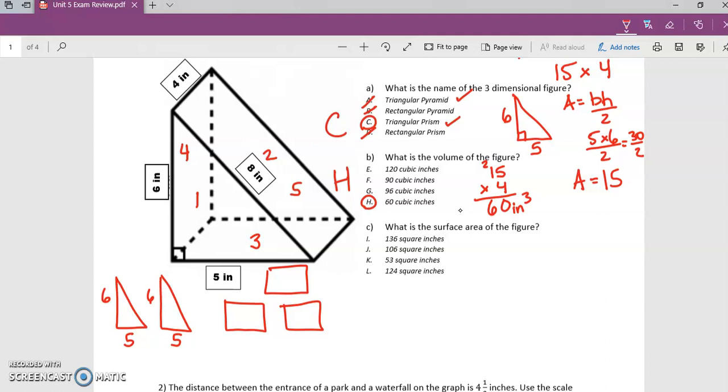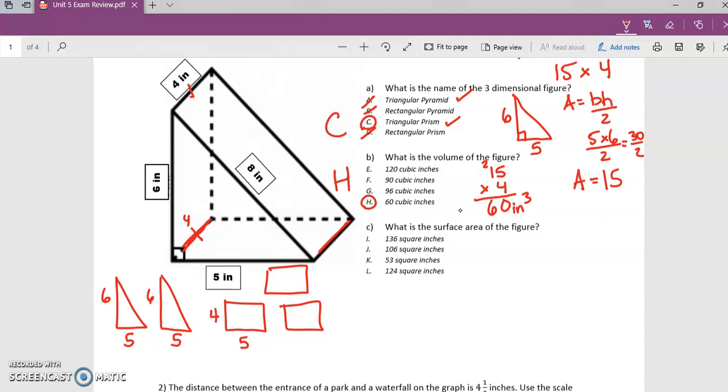Now the rectangles are going to be a little different. Let's start with the first one on the bottom. We have 5 as the base of the rectangle, but we need to know what the height of that rectangle is. We see right here we have a 4, and that means that this matching opposite side would also be a 4. So that's a 5 and a 4 for that rectangle.